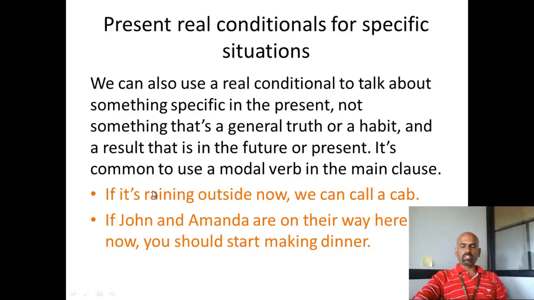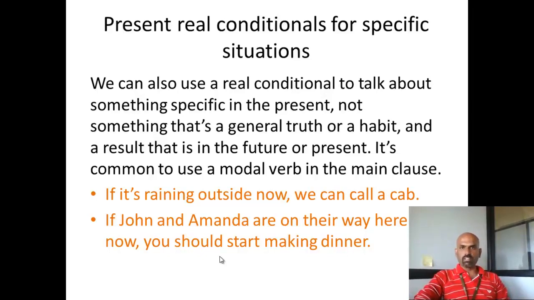If it's raining outside now, we can call a cab. It's also a right sentence. If John and Amanda are on their way here now, you should start making dinner. Here again it's not a straight imperative, it's a kind of advice.